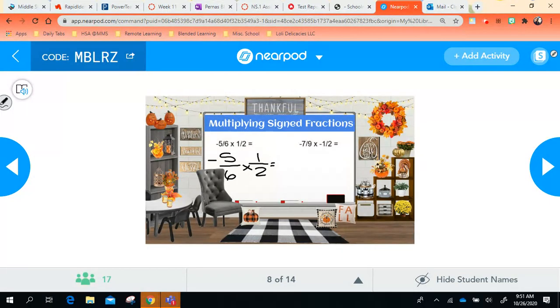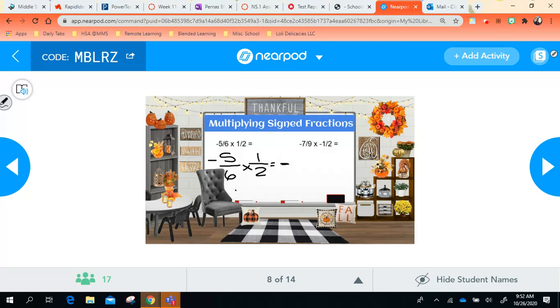Remember, when you're multiplying fractions, you're multiplying across. Okay? So if I'm multiplying a negative times a positive, what is my answer going to be? Negative. Good. So my answer is going to be negative.